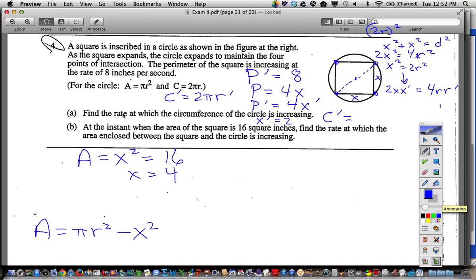Yeah, but I want to avoid using that because that's in part B, and we're not in that part. So yeah, if I put a 4 here, we could find R. And then, which I think will be okay, but I still think I'm missing something. Because if the perimeter's increasing at a constant rate, I think the circumference is too, and I don't think it's gonna matter.